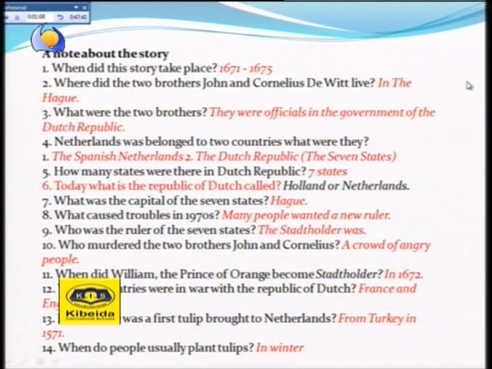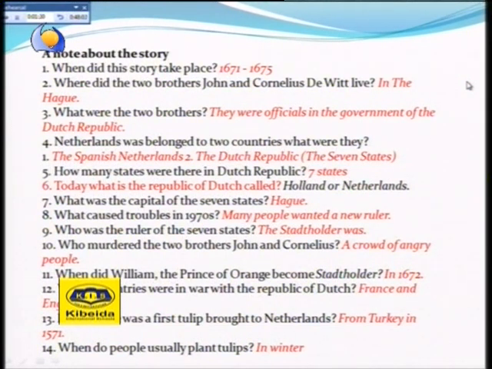What caused the troubles in 1970s? That many people wanted a new ruler. The ruler was called the stadtholder, and people wanted to change the ruler. Unfortunately, the two brothers were murdered or killed in the street by the angry people near The Hague prison.